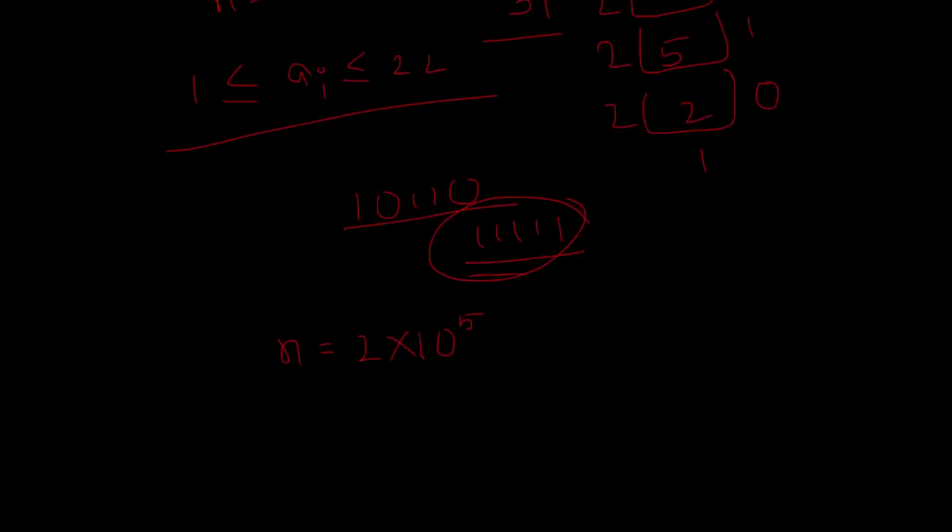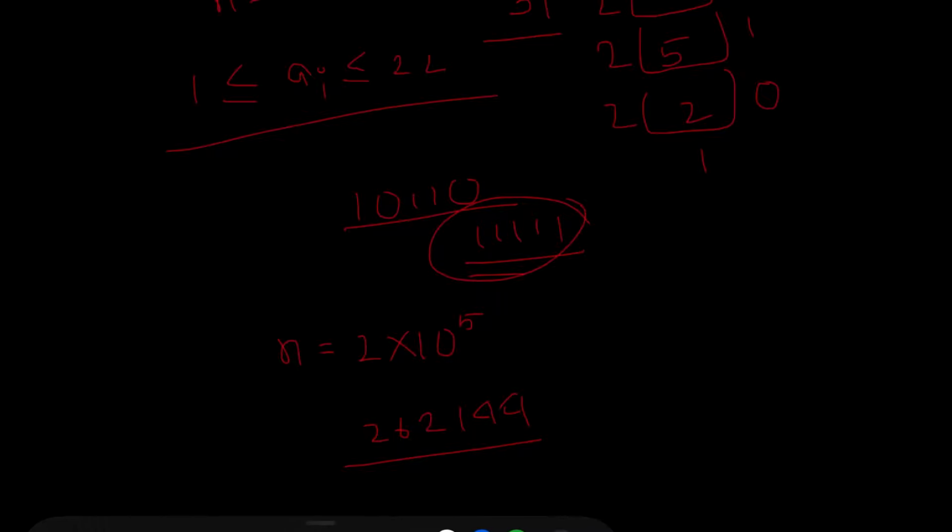Let me just calculate that using the calculator. That will be like 262,144. So this is the highest number, means that we have to check, or not exactly this, this will be like 3... So this is the number till which we have to check.